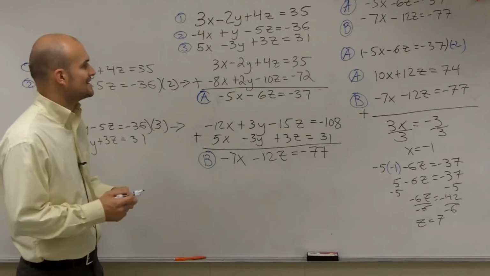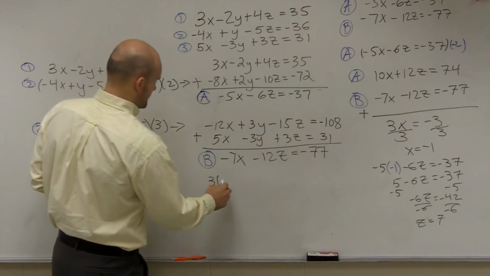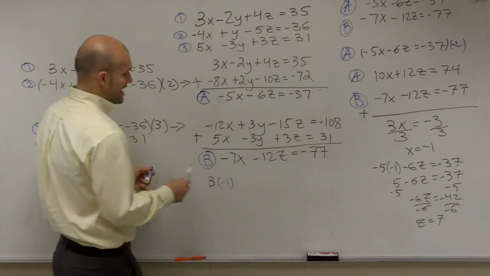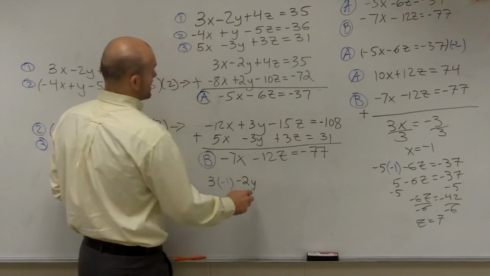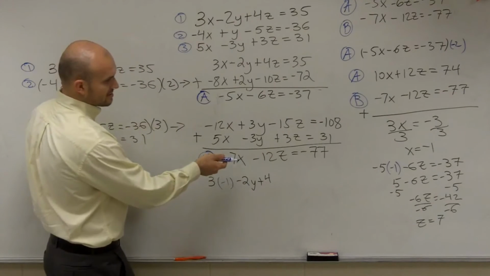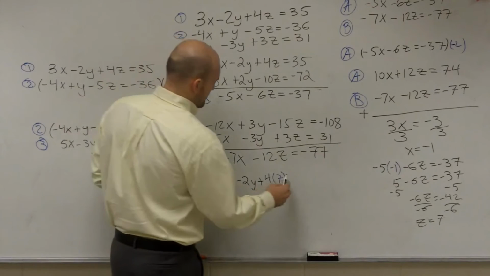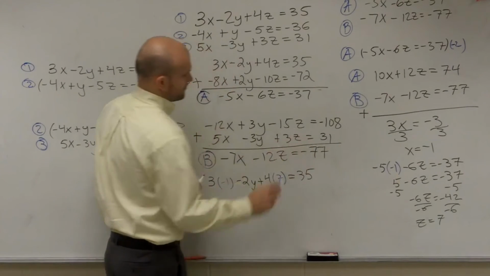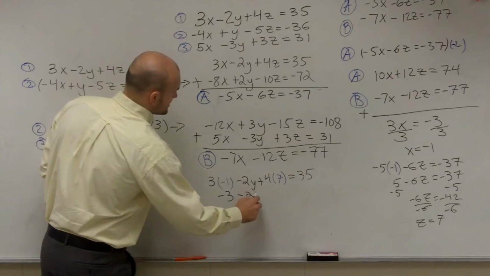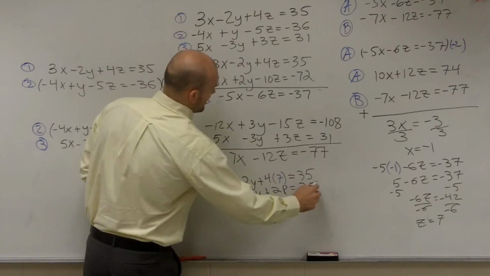So we already know what z and x are. I'm just going to plug in 3 times negative 1, minus 2y, which I do not know, plus 4 times z, which is 7, equals 35. All right? So we get negative 3 minus 2y plus 28 equals 35.